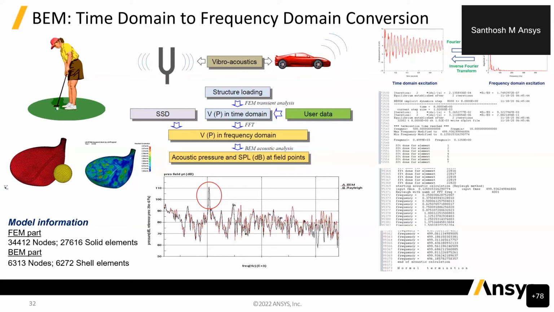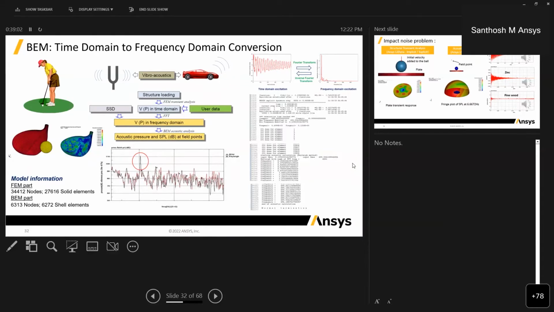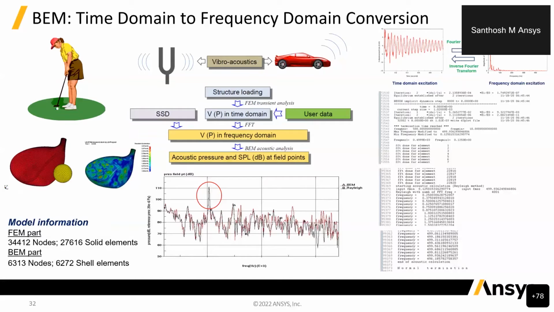So we do a time domain analysis first. Then we will use Ansys FFT to transfer the time domain data to frequency domain data. So now we will get the surface velocity of the bat at every frequency.